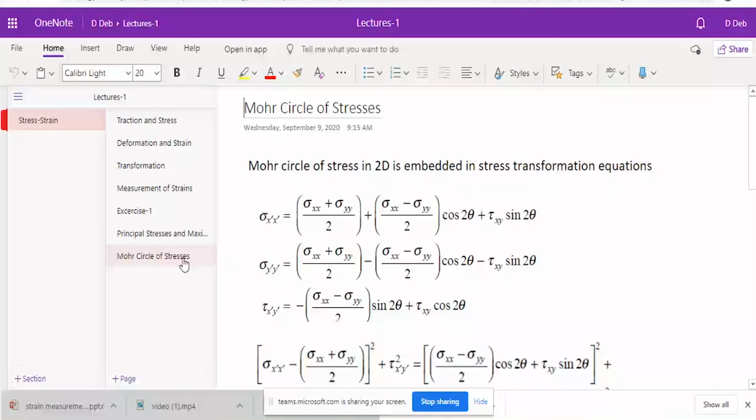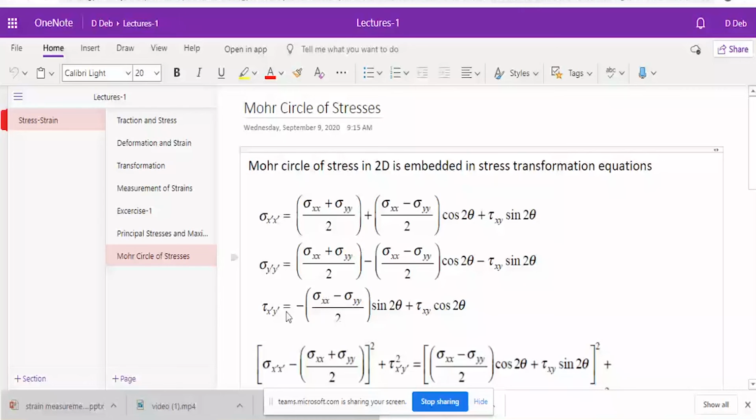Do you see, especially between this one and this one, forget about the middle one, do you see the equation of a circle? Anybody? You probably do not see.